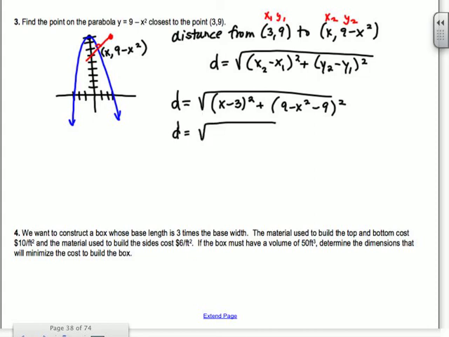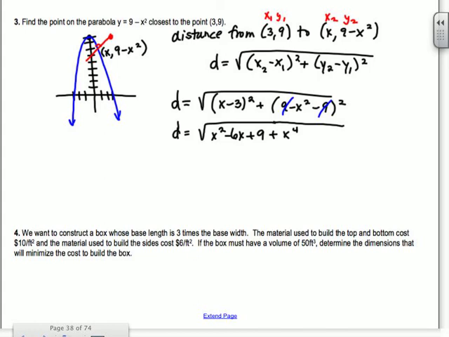Let's FOIL out the first part. I get x squared minus 6x plus 9. Then my 9 minus 9 goes away, so I have negative x squared, squared, so it's x to the fourth. And it's plus because the negative was being squared as well. Not much more you can do with simplifying.